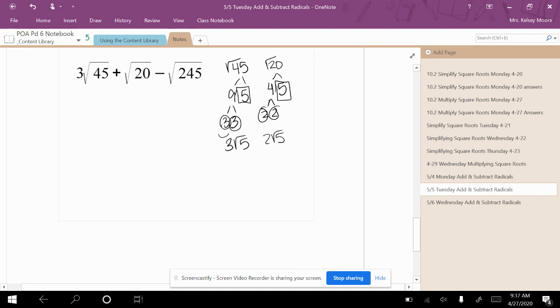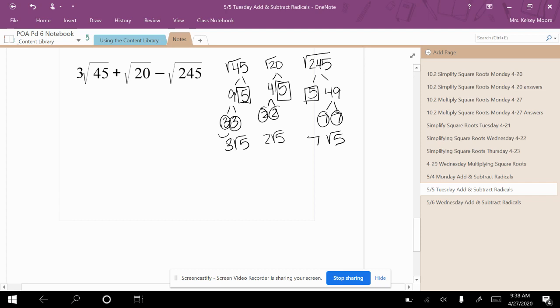Then 245. Thinking about what goes into 245, I can think of 5. So 5 times 49 is 245. The 49 can then go down to 7 and 7.